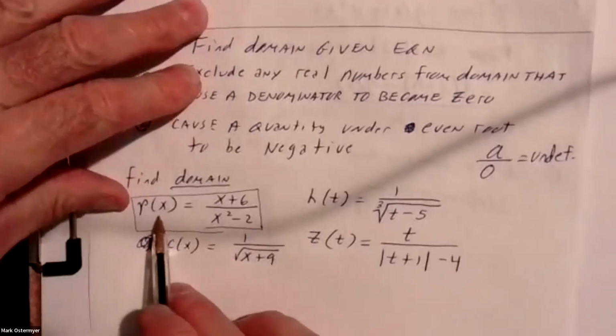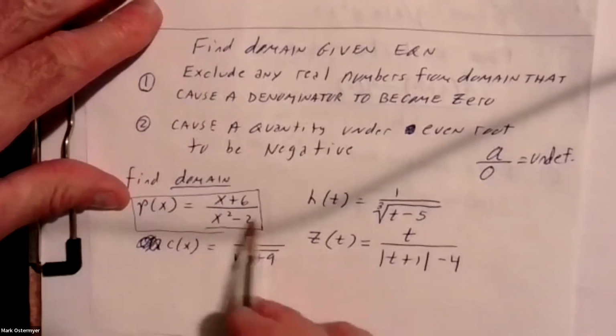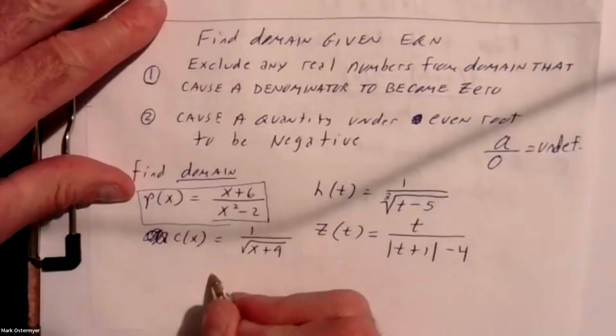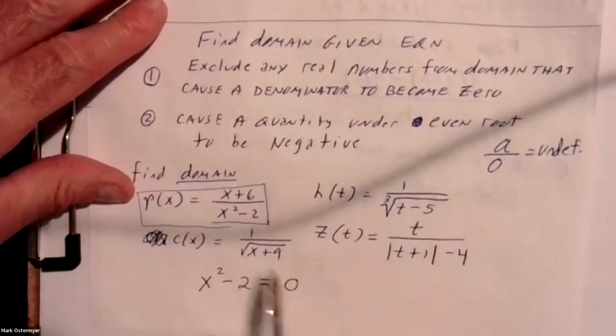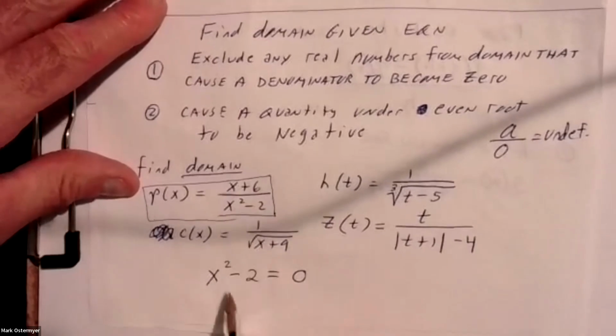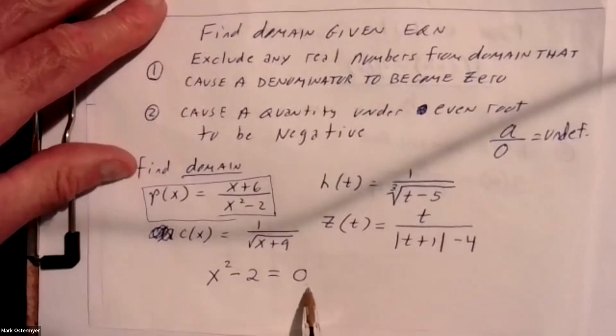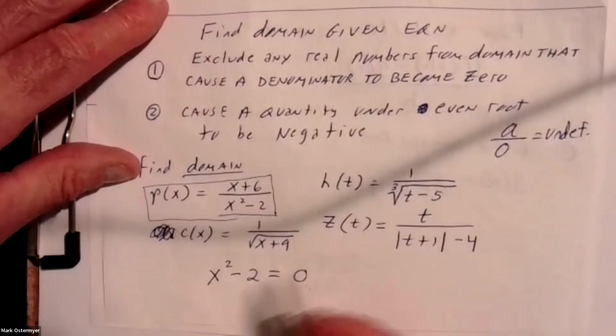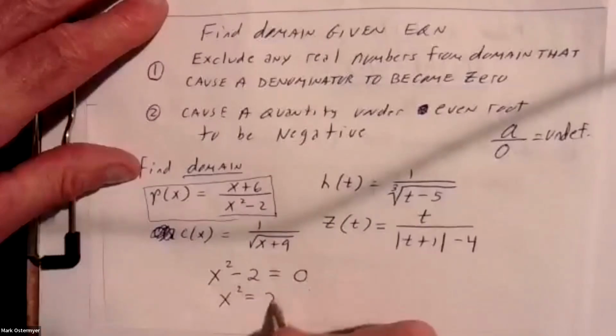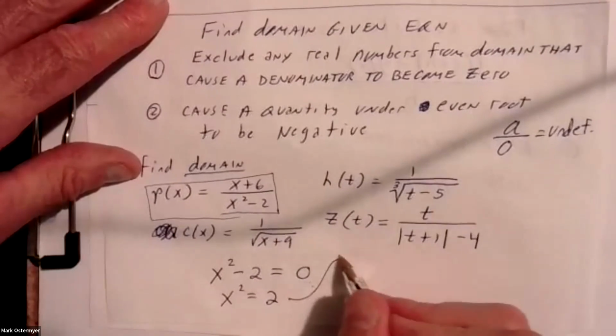Because if our denominator becomes 0, this function is undefined. So to hammer out the domain for this function p of x here, we would have to look at the denominator. Specifically, we would have to look and see for what real numbers the denominator would become 0. So we're going to have to set this denominator equal to 0 and now solve this quadratic equation. Unfortunately, we cannot factor the left side, so I'm going to add 2 to both sides and then use the square root method to solve this quadratic equation.